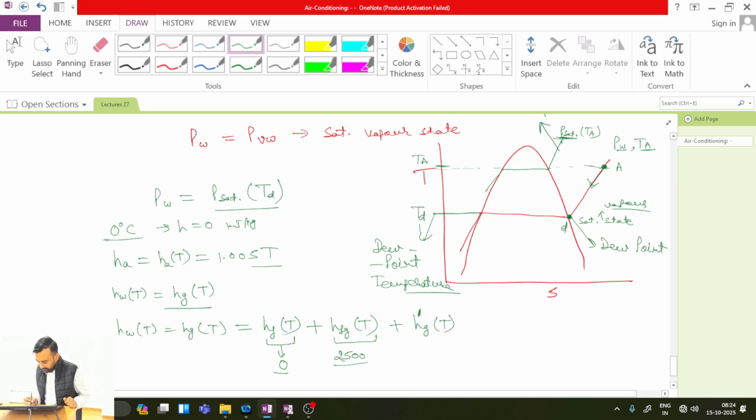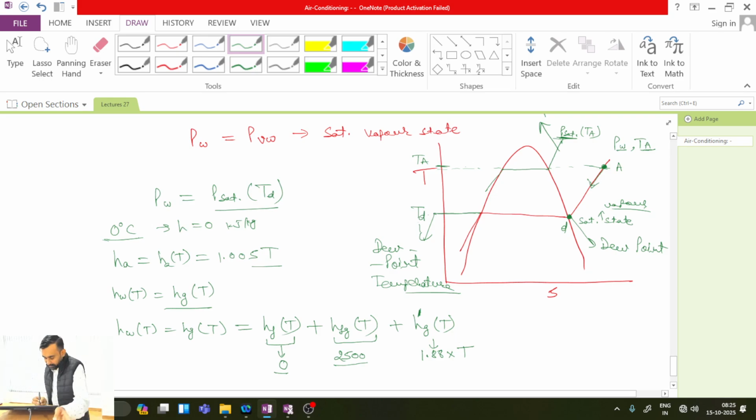And HG will be what? HG will be the enthalpy in the gaseous state. So I require Cp of the water vapor. Cp of water vapor is close to 1.88 into temperature T. Is this point clear?